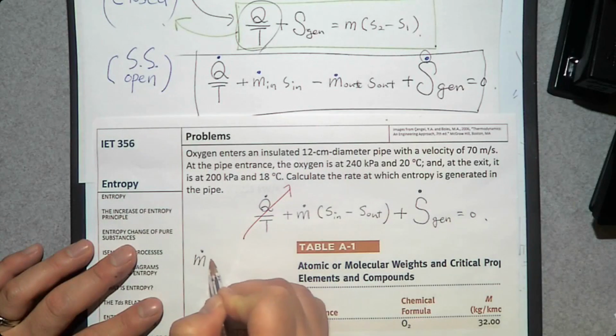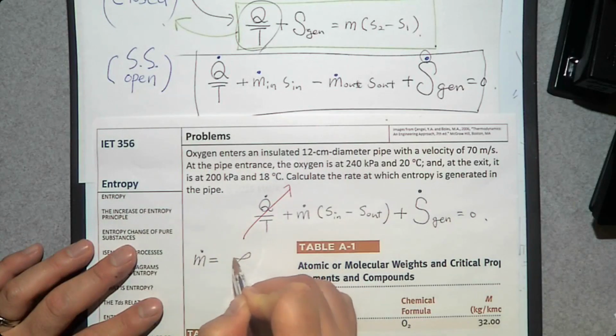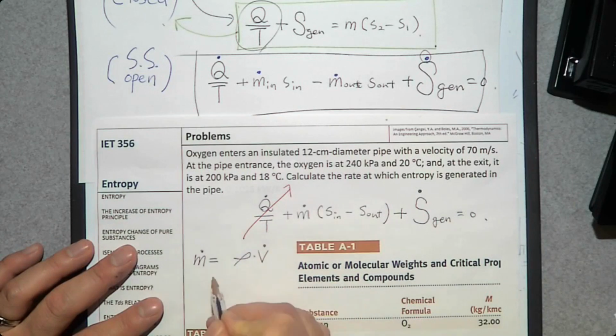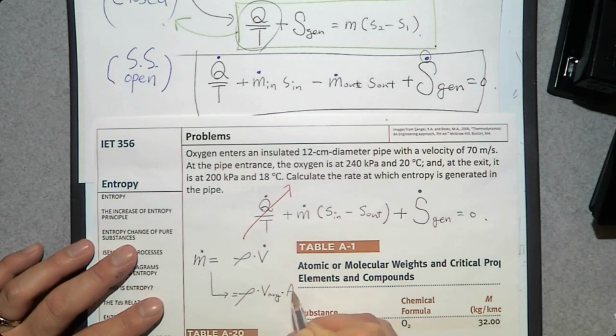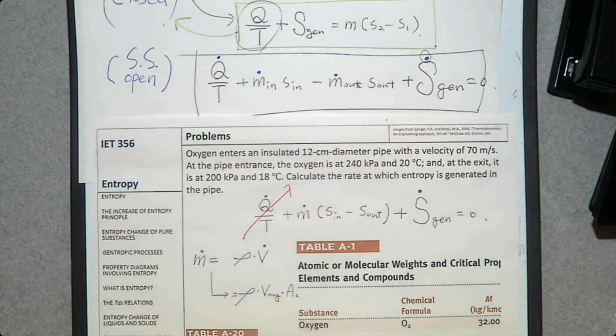M dot can be determined by either density times volumetric flow rate, or M dot can be determined by density times average velocity times cross-sectional area. So which one? We do not know the volumetric flow rate. So let's look at the other equation. Do we know the density? No, but we have a pressure, temperature. If you know pressure, temperature, can you determine the density? Yes.